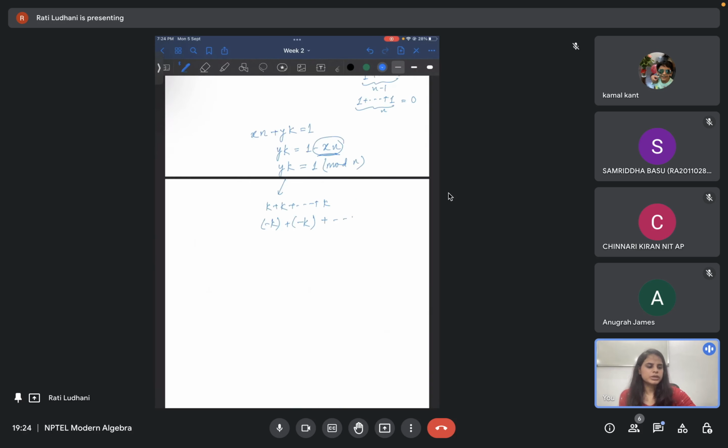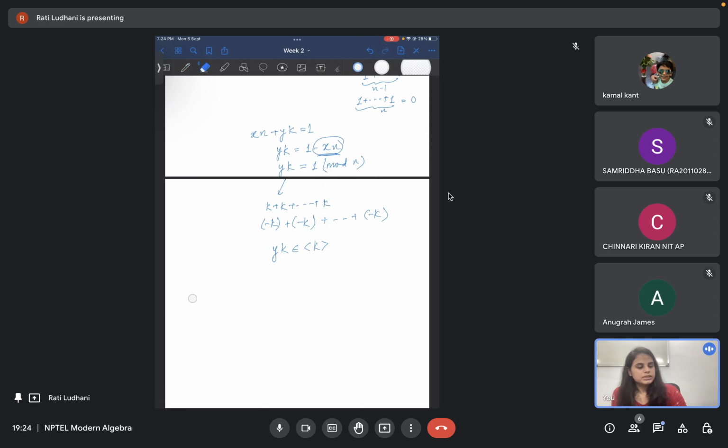Whatever it is, you will have that. So yk definitely belongs to this set, right? Because this is just k raised to the power y, if you think of it in that form. The operation is addition, so k plus up to and so on y times, so this could be minus or whatever.